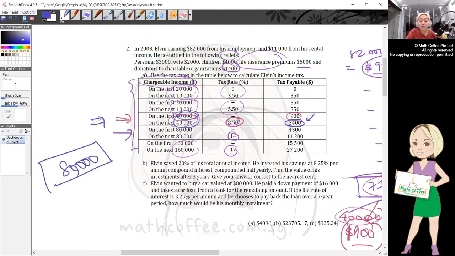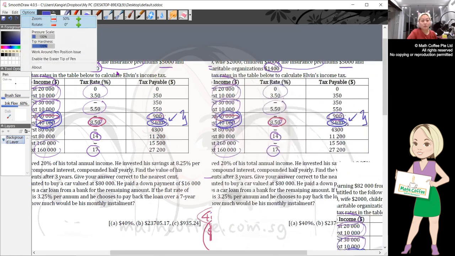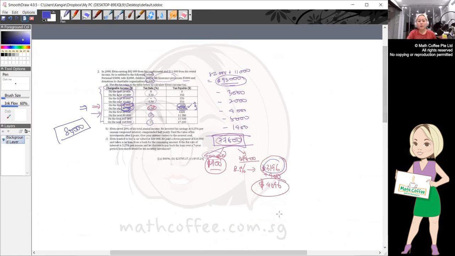First 40,000, I pay 900. The next 40,000, I pay 3,400. So I just need to take 900 plus 3,400 and I will get the tax that I pay for my 80,000. This 3,400 is 8.5% of 40,000. It's just a shortcut number for you to add easily. So this is how taxable income works. Any question on the taxable income? Because it's important.